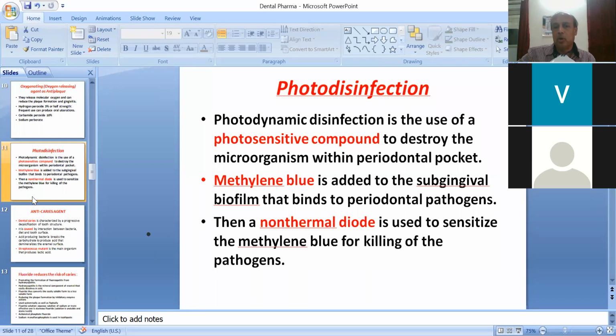Methylene blue is added to the subgingival biofilm and binds to the periodontal pathogens. After using this methylene blue, a non-thermal diode is used to sensitize the methylene blue for killing of the pathogen. So that is photodisinfection.